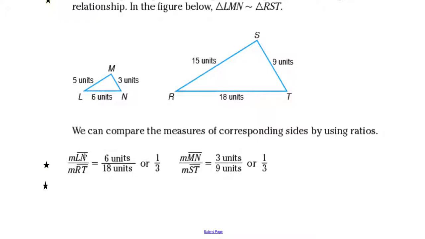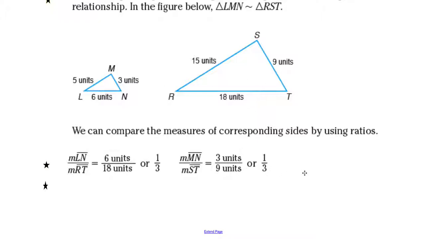So you have LN, small triangle, RT, big triangle, MN, small triangle, ST, big triangle, and you need to be consistent to be able to find that they are all the same. So the measure of segment MN over the measure of segment ST would be 3 units over 9 units, or still 1/3.